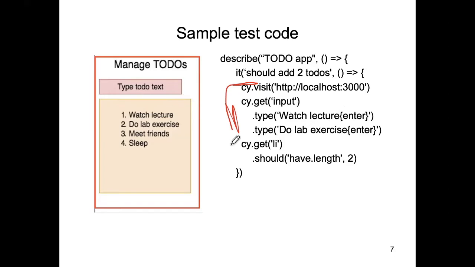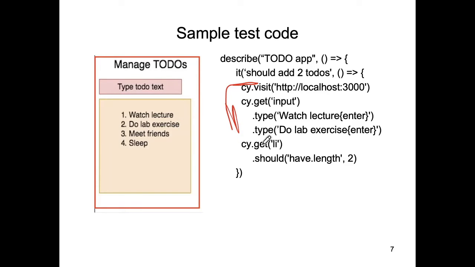Next, I'm getting Cypress to, now let's assume, I have to tell you these assumptions, let's assume these to-dos here are represented as a list of li elements within a UL element from an HTML point of view.